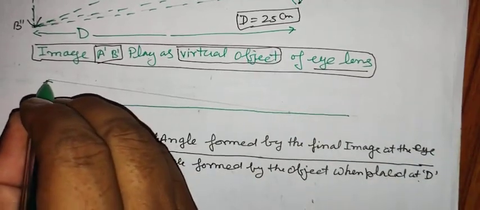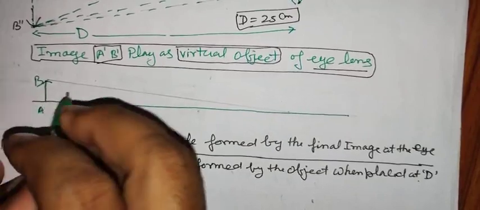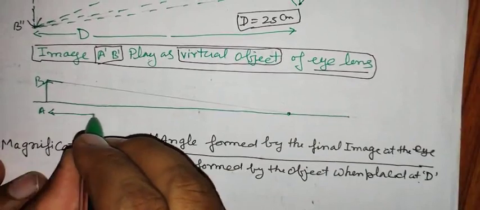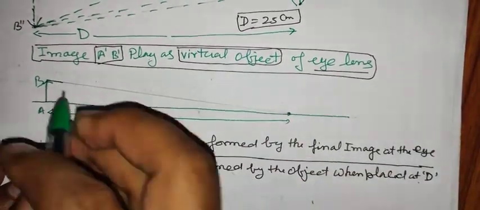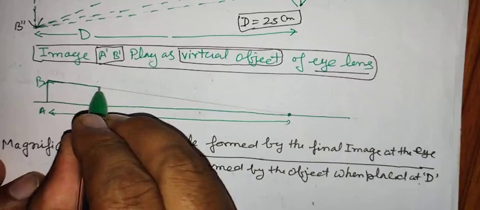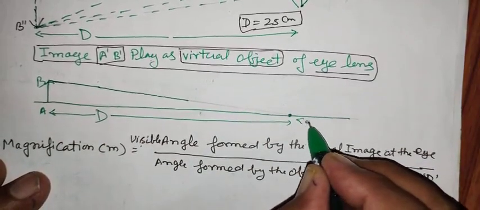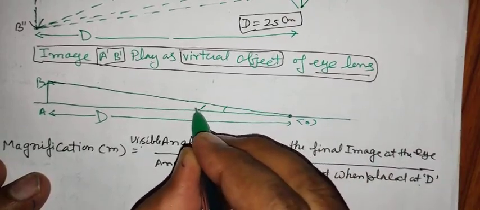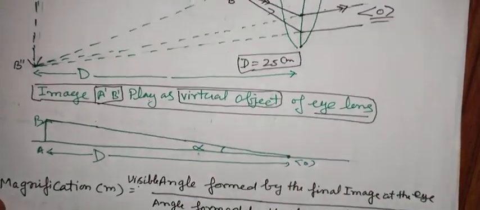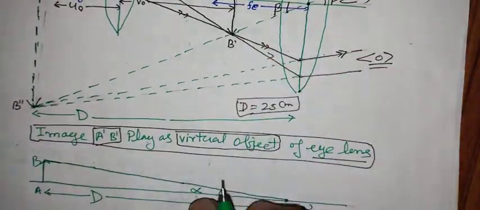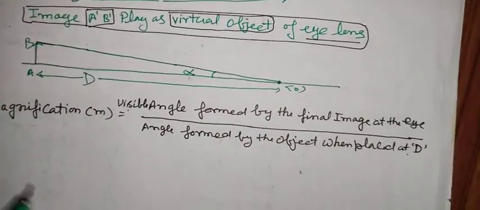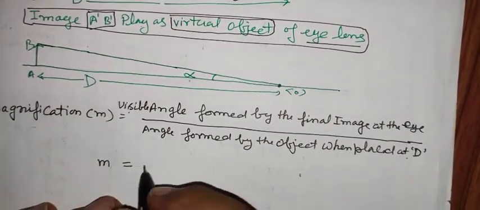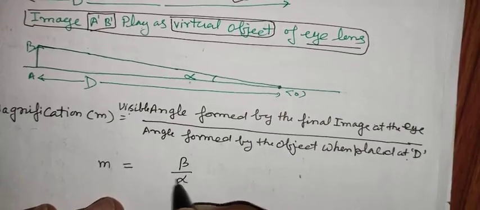The same microscopic object AB is here, and it is seen at the least distance of distinct vision, capital D. When it is viewed with the eye here without a lens, the angle subtended is alpha. So when we place beta and alpha in the formula, magnification M is beta by alpha.